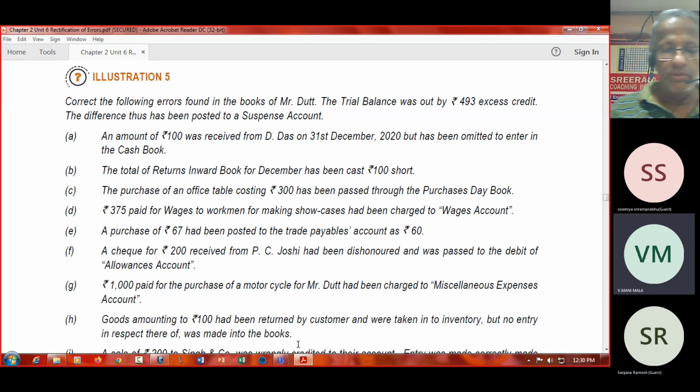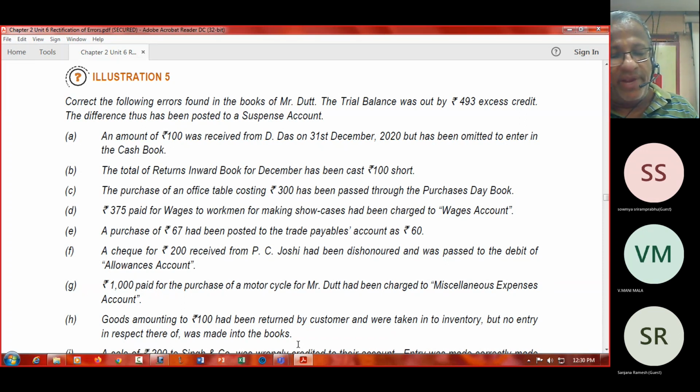Yes, sir. Rupees 100 paid for the purchase of motorcycle for Mr. Dutt has been charged to miscellaneous account, and this is a mistake that happened. So amount paid for purchase of motor vehicle for Mr. Dutt.